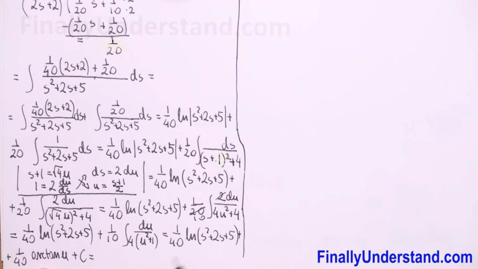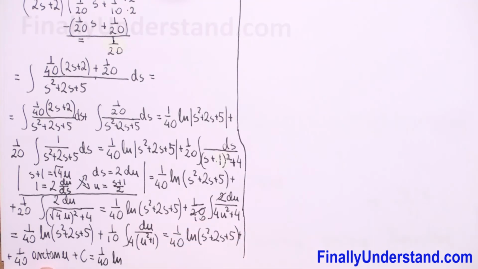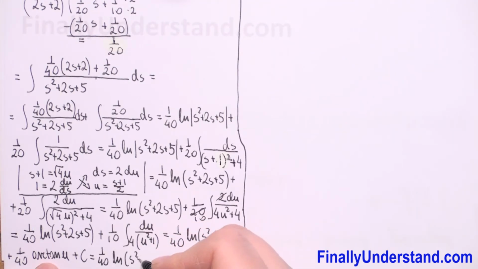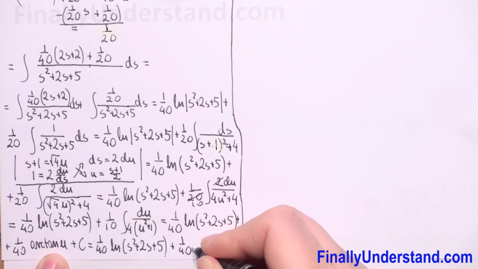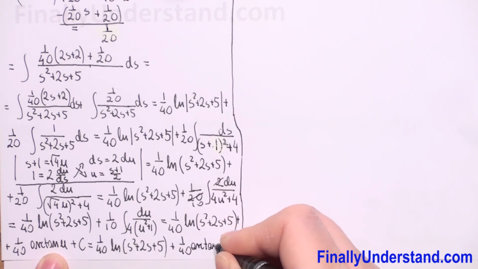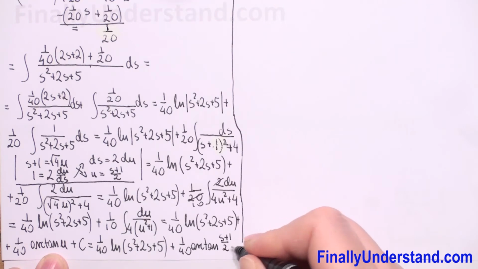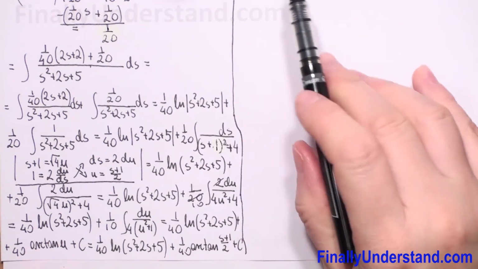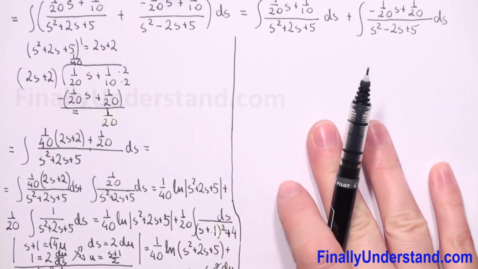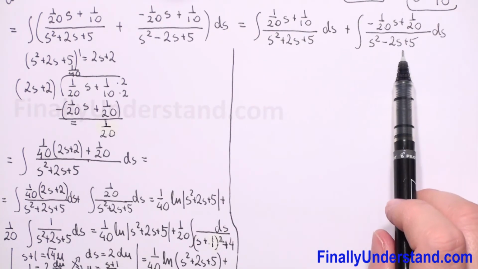So we have to copy 1 over 40 natural logarithm of s squared plus 2s plus 5, plus we have 1 over 40 arctangent of (s plus 1) over 2 plus constant. This is the solution for our first integral. Now we have to solve the second.